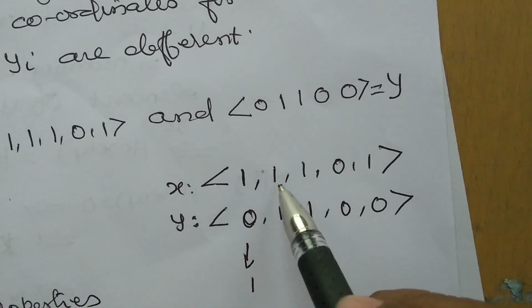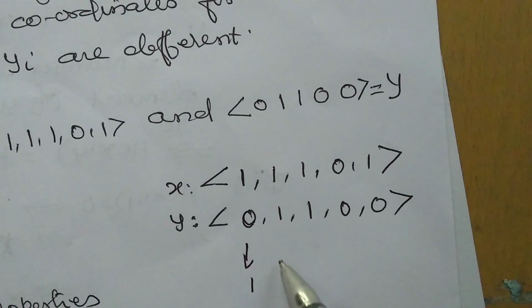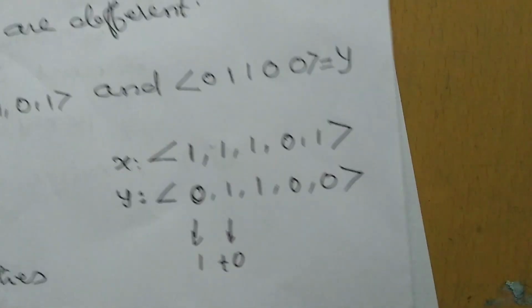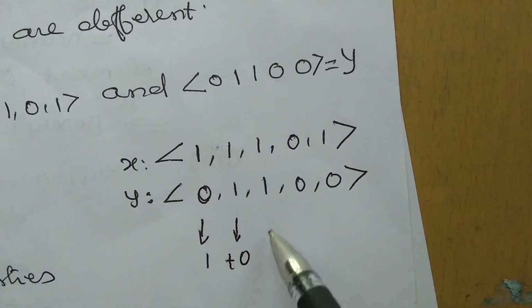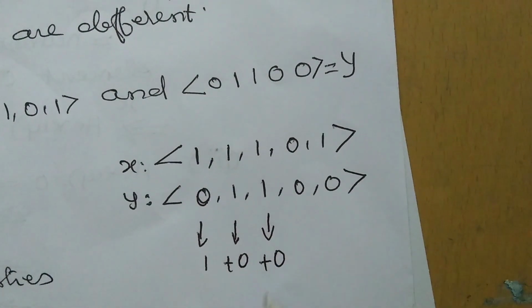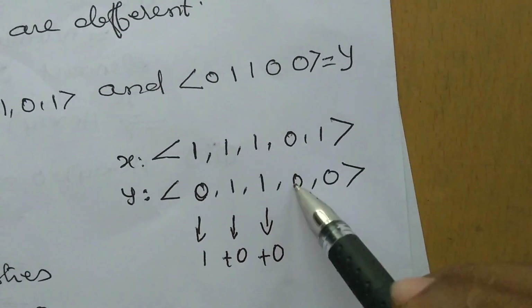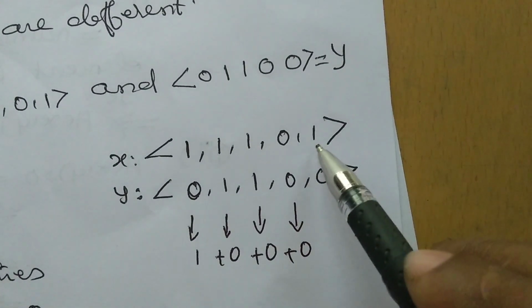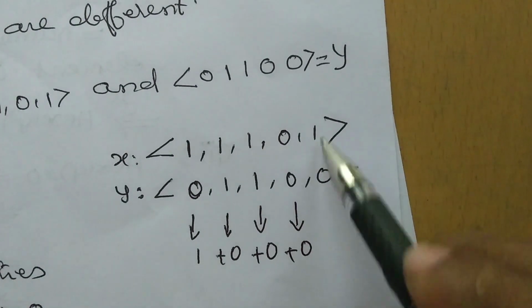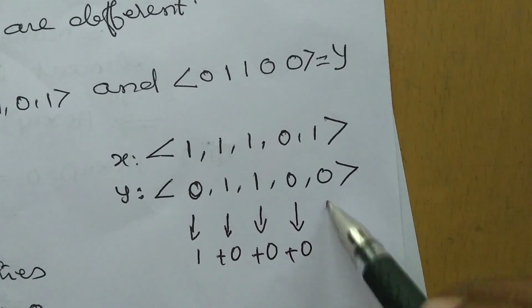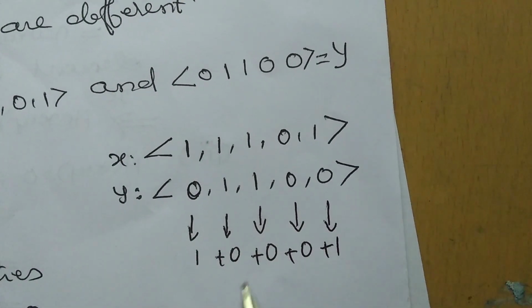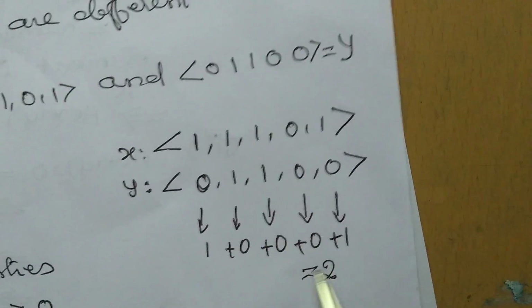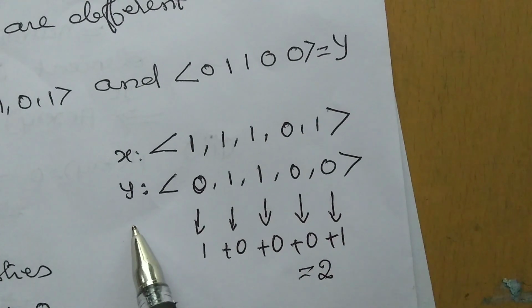Here 1 and the second one are the same, identical, so 0. The third one, 1 and 1, identical, so 0. Then here 0 and 0 identical, distance is 0. And the final one, 1 and 0, is not identical, so that is 1. So Hamming distance is equal to total 2 for this x, y.